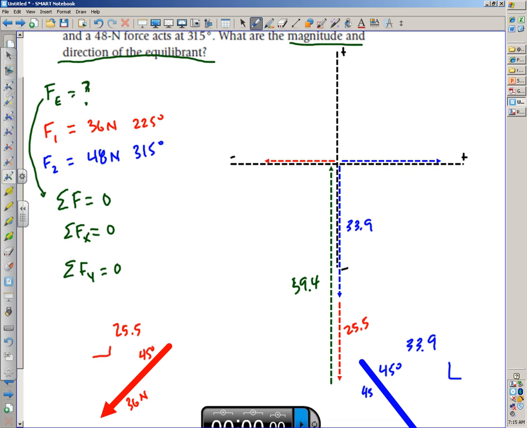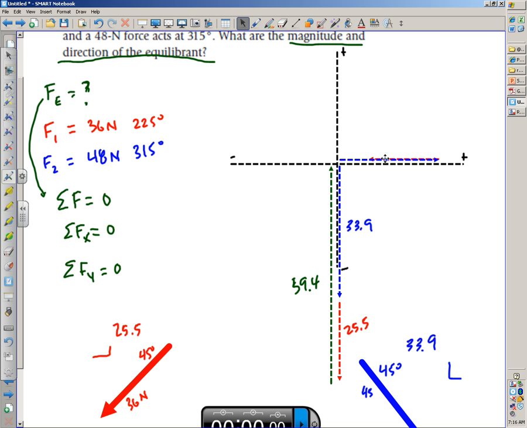Now, the x-axis is a little bit trickier because we've got two horizontal components as well, but they point in opposite directions. So they already start to cancel each other out a little bit. So if I take this one over here, that means that a good portion of the blue horizontal component is already canceled out by the red horizontal component pointing in the opposite direction.